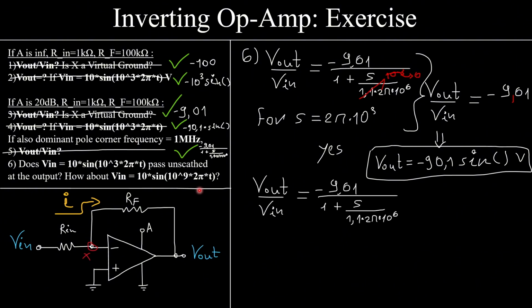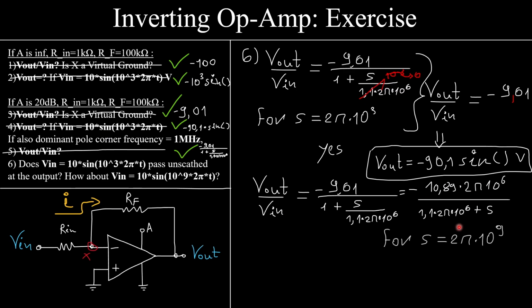Now, how about when the input is the same signal, but the frequency is much higher over here, as you see? Well, I will pull a trick on you, and I will write this expression like this, just multiply this thing with the numerator and the denominator. And now I did this for something that will be very clear now.